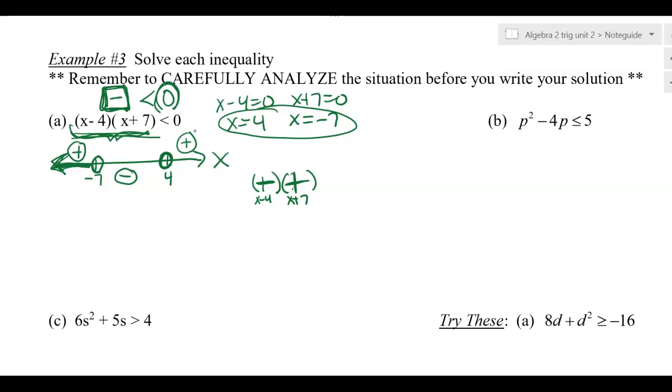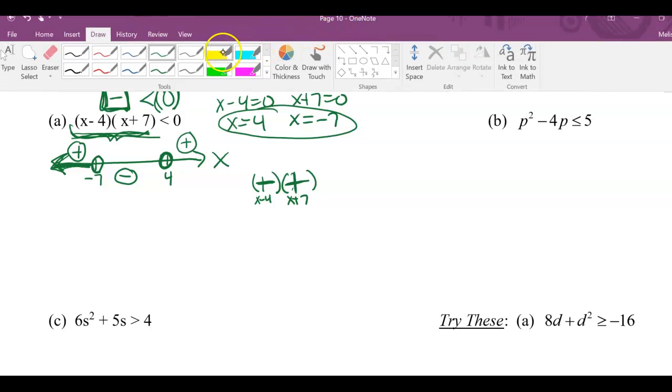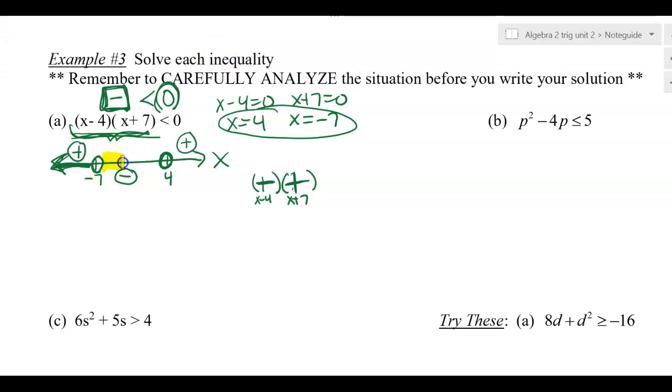What did we say at the beginning? Negative. Because if it's supposed to be less than 0, it's supposed to be negative. That means our answer is the area where it was negative. So these x's made a negative value when I plugged them in. Those are my solution. Is that okay with everybody?